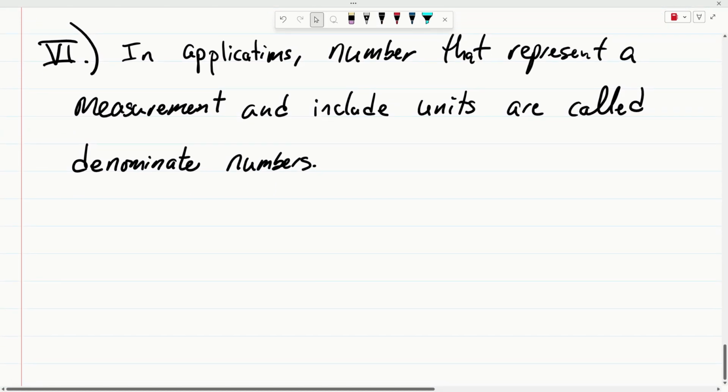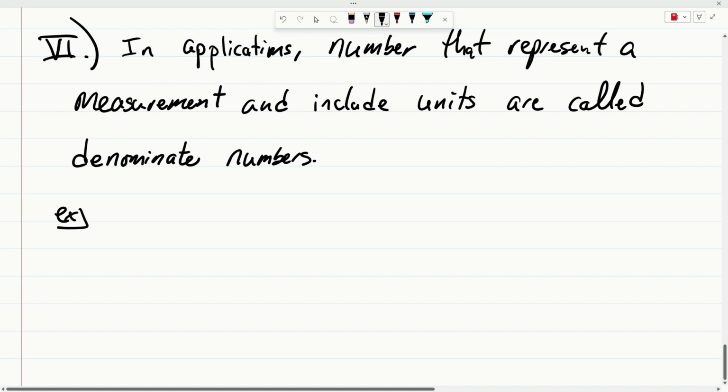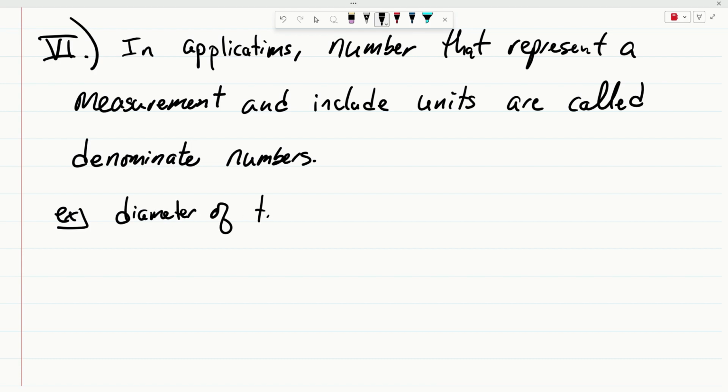So for example, let's say you were measuring the diameter of a tree, and you found the diameter to be 24 inches. This is a denominate number because it's a measurement and it contains units.